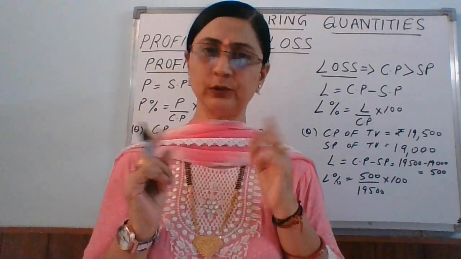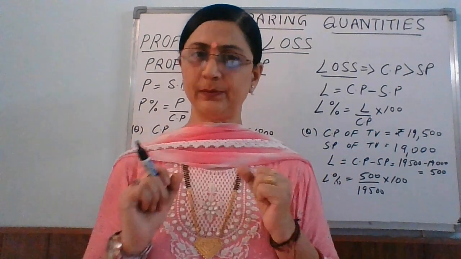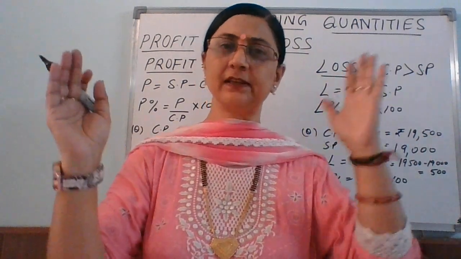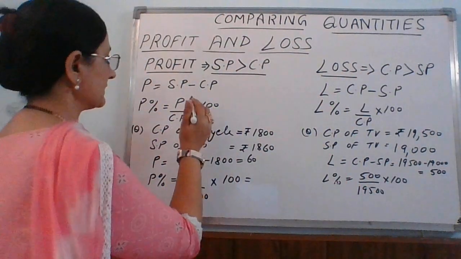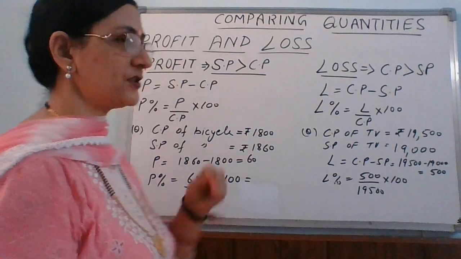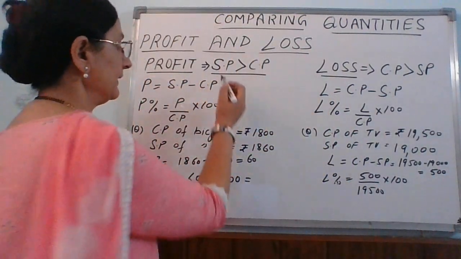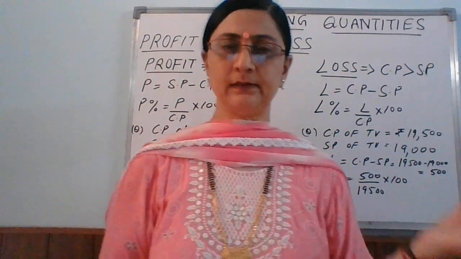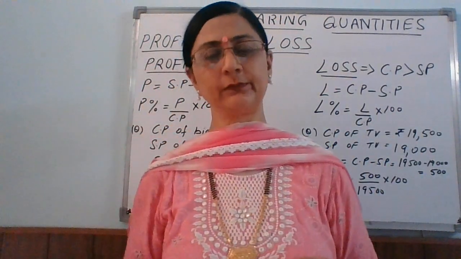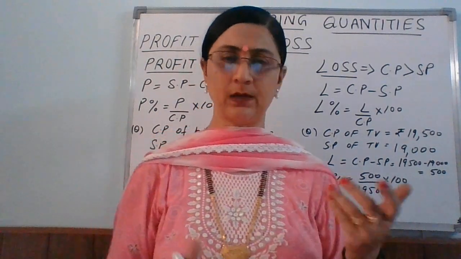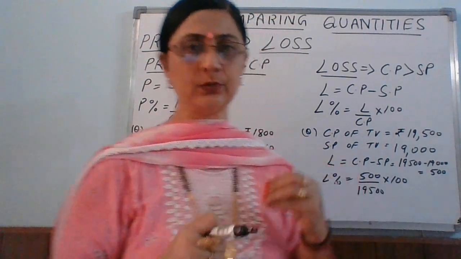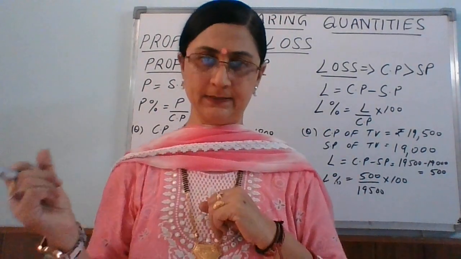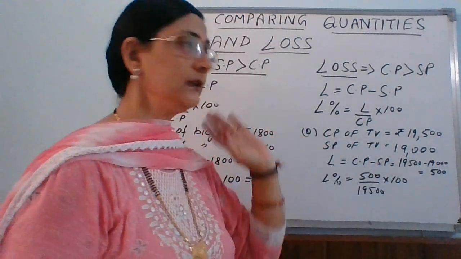Then you made a profit, it is clear, right? A profit of 1000. How do we know? If SP is greater than CP, you sold it for more, then it is profit. If you have bought an article for 10,000 and sold it for 9,000, then you have a loss of 1,000. So if the purchasing amount, that is CP, is greater than SP, then we suffer the loss, right?